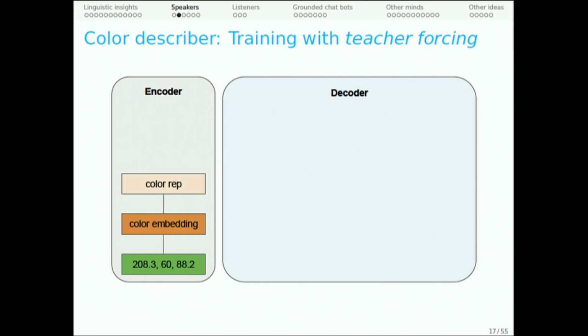So that'll happen. And then you might map that into a hidden representation, which I'll call the color representation there in orange. That's the encoder part. This is a very simple encoder, which might be just a feed-forward model that produces this hidden representation. The decoder part for our speakers is more interesting. The way the decoding works is we just assume they generate a start symbol. That's where they begin to speak.